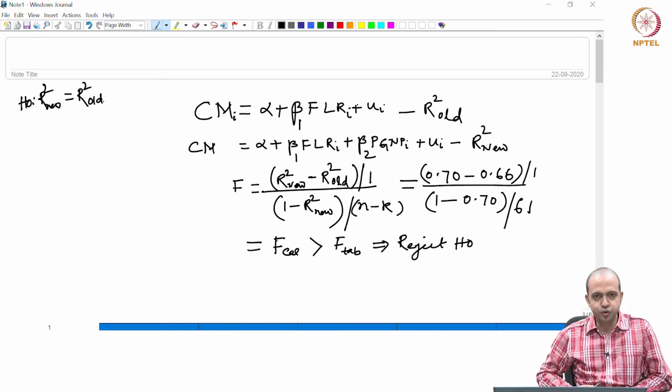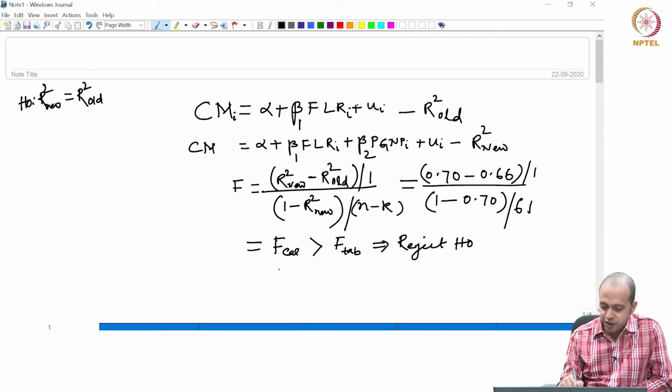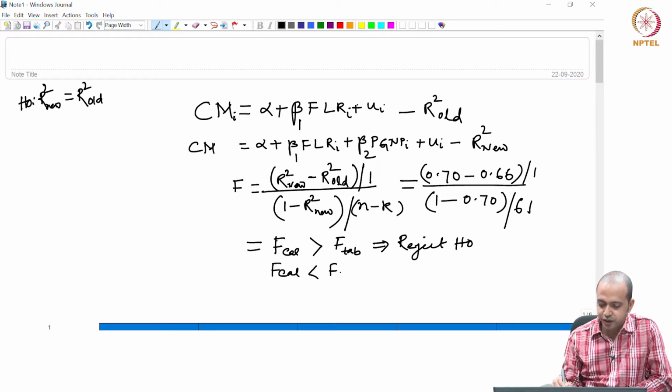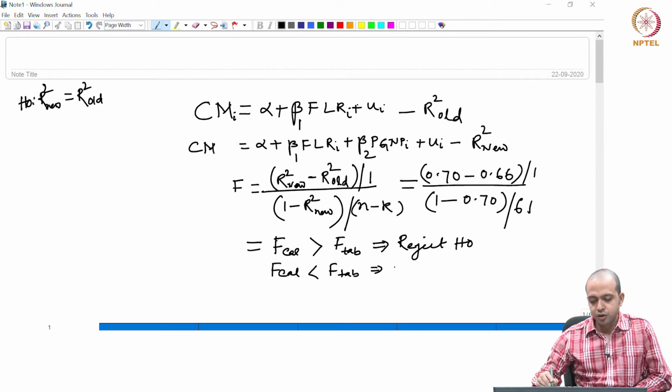Alternatively, we can say that the new explanatory variable added in the model has insignificant explanatory power. And if F calculated is less than F tabulated, then what would be your decision? Do not reject the null.